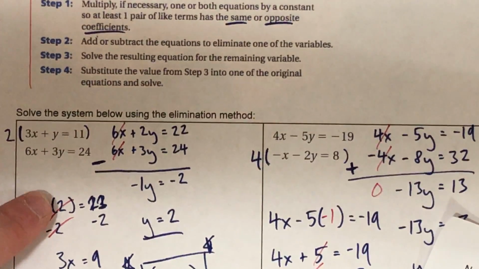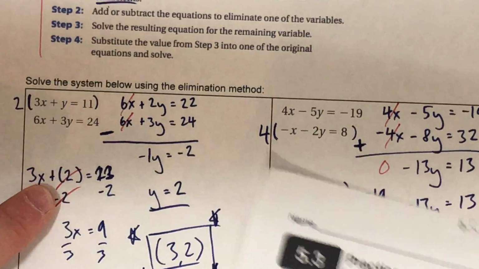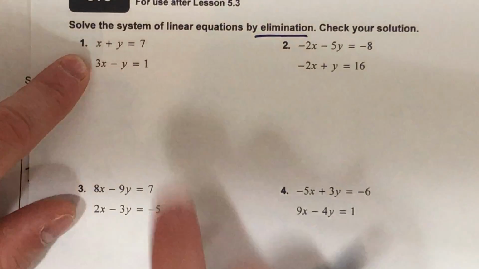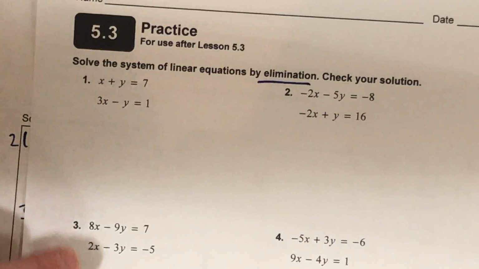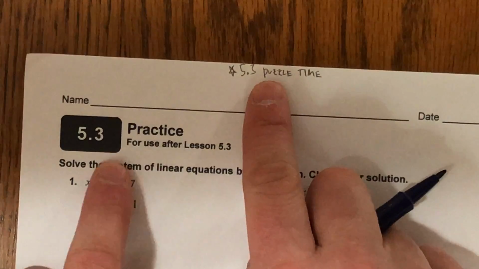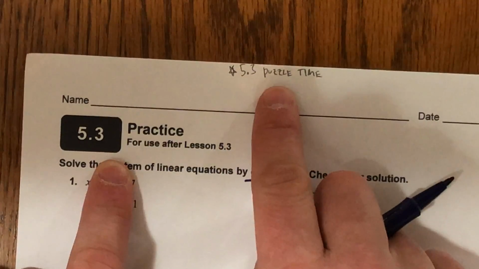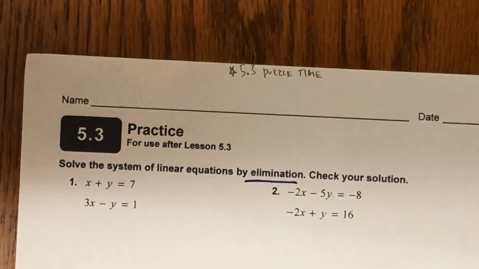You can pause it where you need to, and feel free to use that. But once you're done with each of these problems, then you're going to move on to the puzzle time worksheet. So you're doing 5.3 practice, and then if you're done and have extra time, start working on the 5.3 puzzle time. Okay, bye-bye.